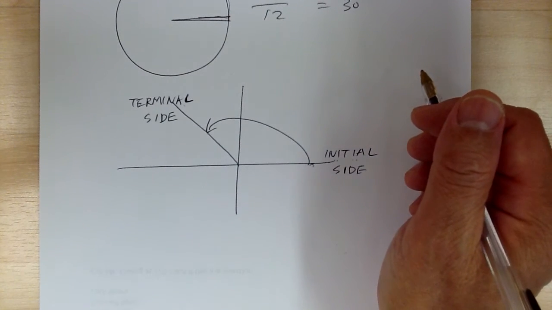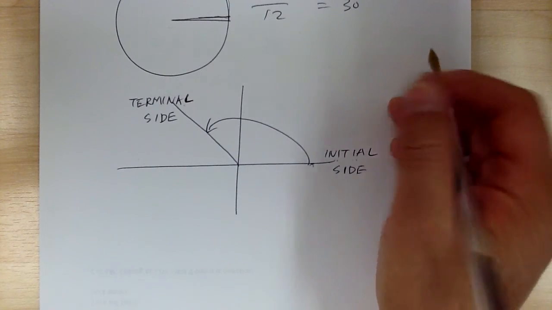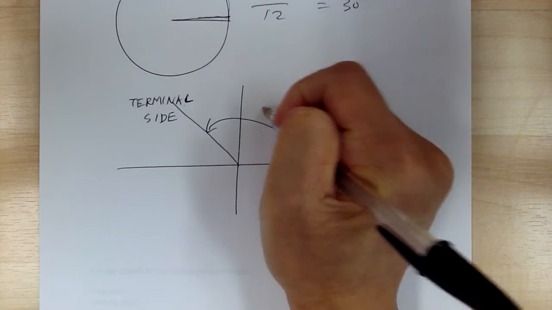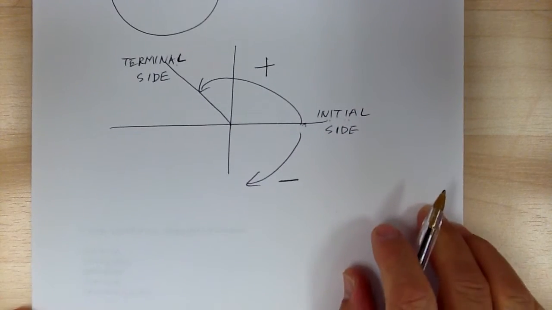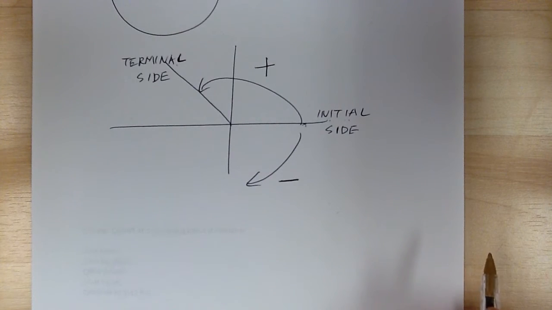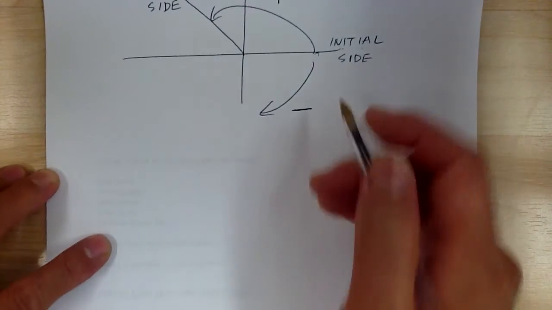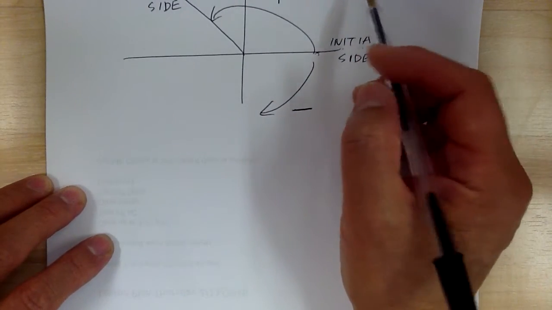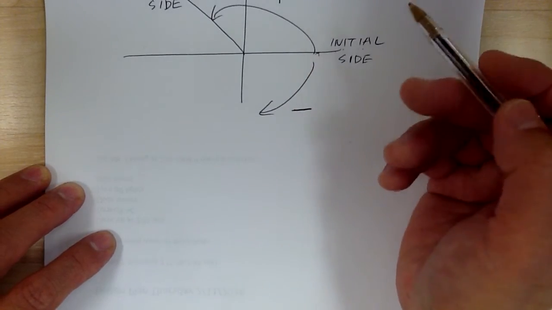Okay. Now keep going, and you have the positive angle and negative angle. So if you're going this direction, this is positive. If you're going this way, it's negative. And now go down to the bottom. So the next phrase you need to know is the standard position.